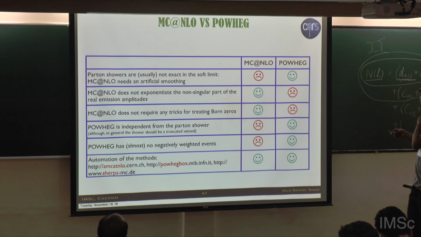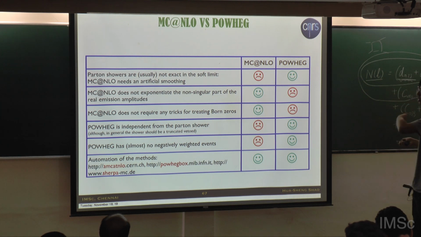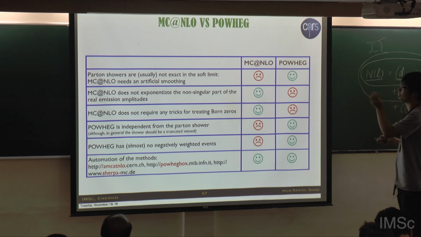And the good thing for MC@NLO is that it does not exponentiate the non-singular part, because it just relies on what the parton shower Monte Carlo does. MC@NLO does not do an arbitrary exponentiation for the real part, and POWHEG is doing some kind of exponentiation for the real part.